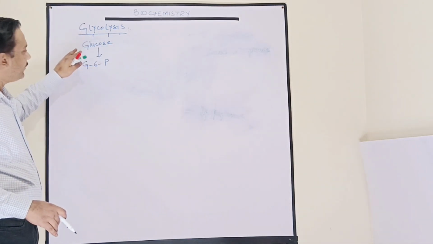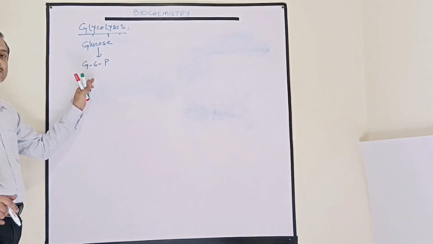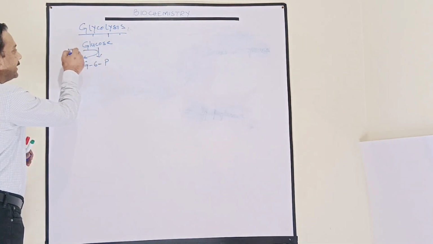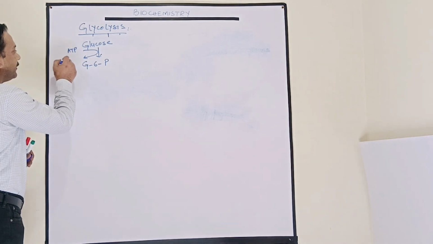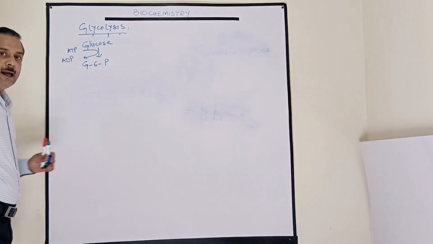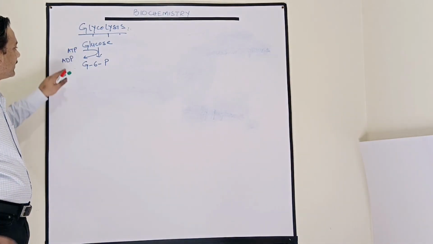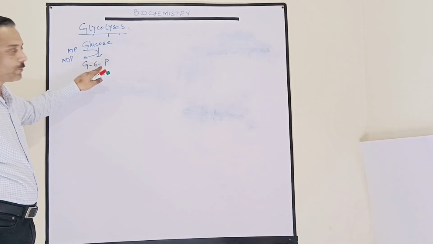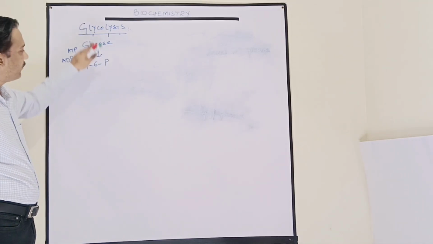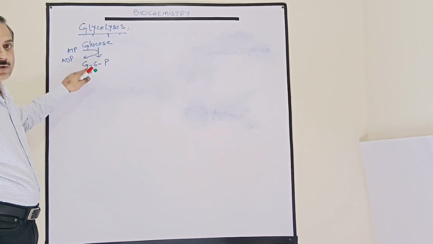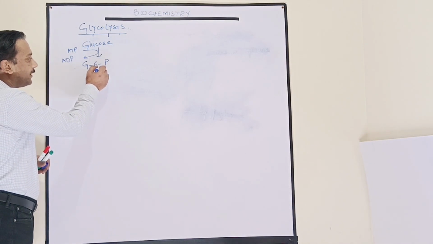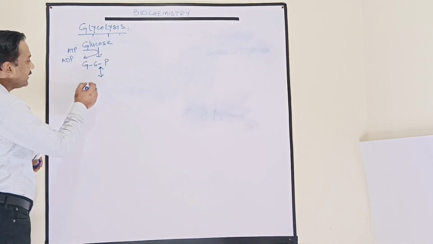So this glucose is phosphorylated, and one molecule of ATP is converted into ADP. Adenosine triphosphate is converted into adenosine diphosphate, and one phosphate is incorporated at position number 6 of glucose, and it becomes glucose 6 phosphate.